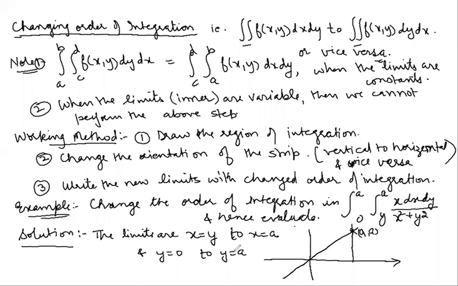अब इसमें हम क्या करेंगे? And now you will check. देखो, x varying from y, x varying from this identity line to x is equal to a up to this line.